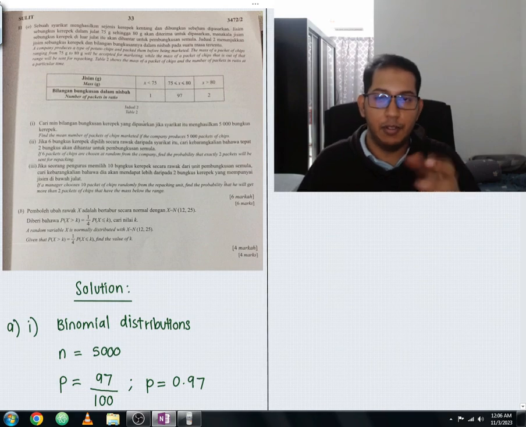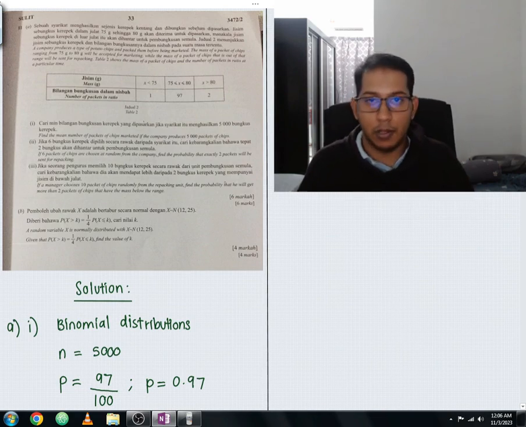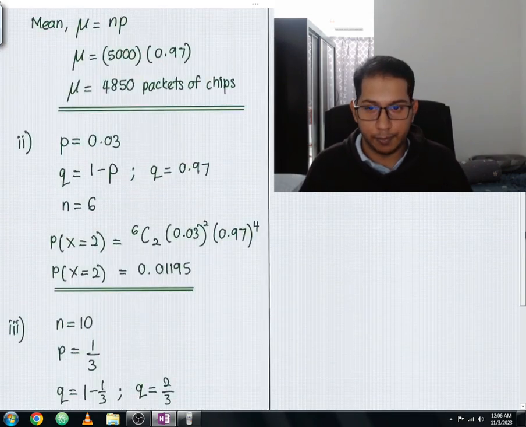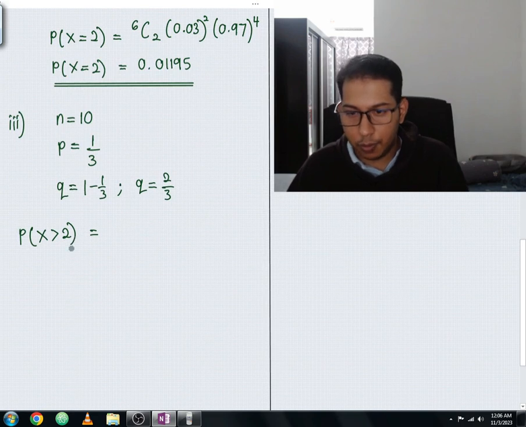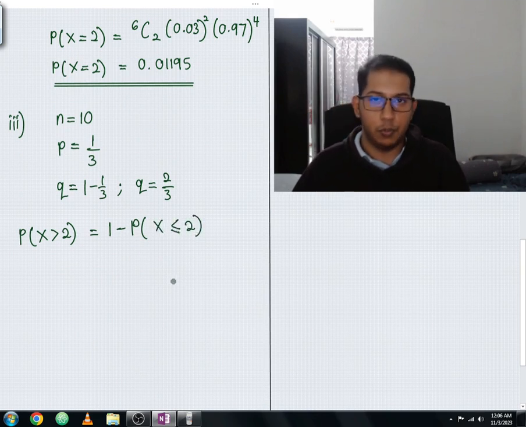I will recommend the second one, it is way better than the first one, because the first working is way longer. It is time consuming. So the probability of x more than 2 is equal to 1 minus the probability of x less than or equal to 2. Basically they are just the same.